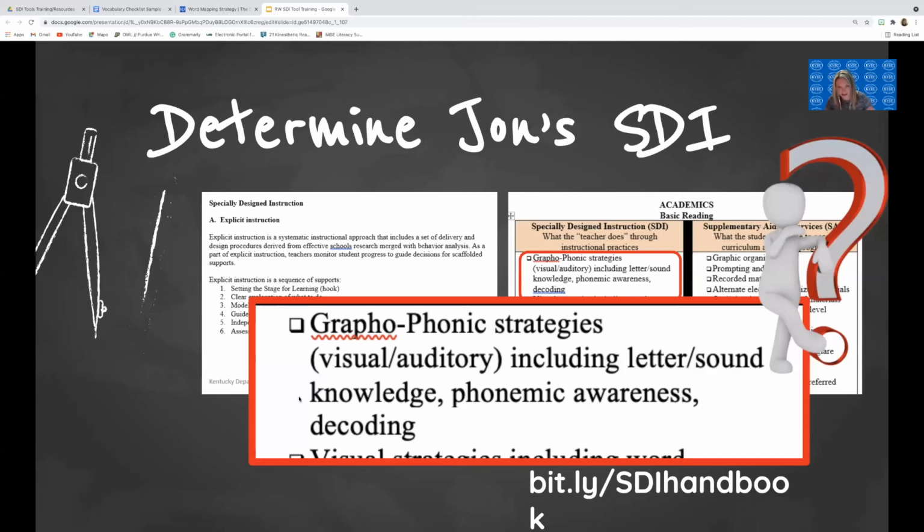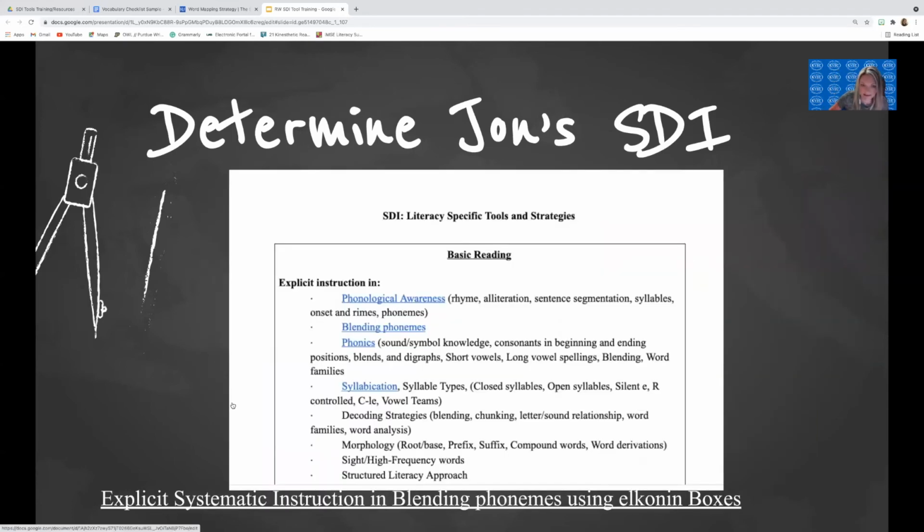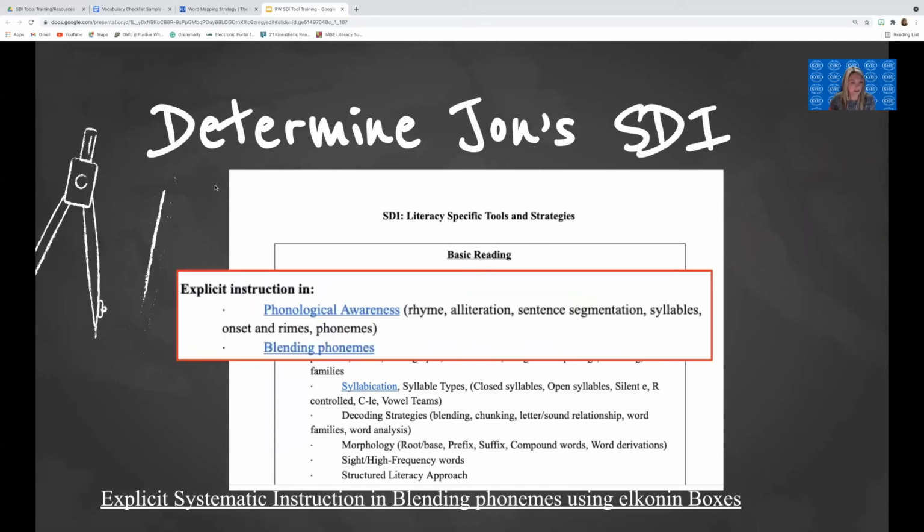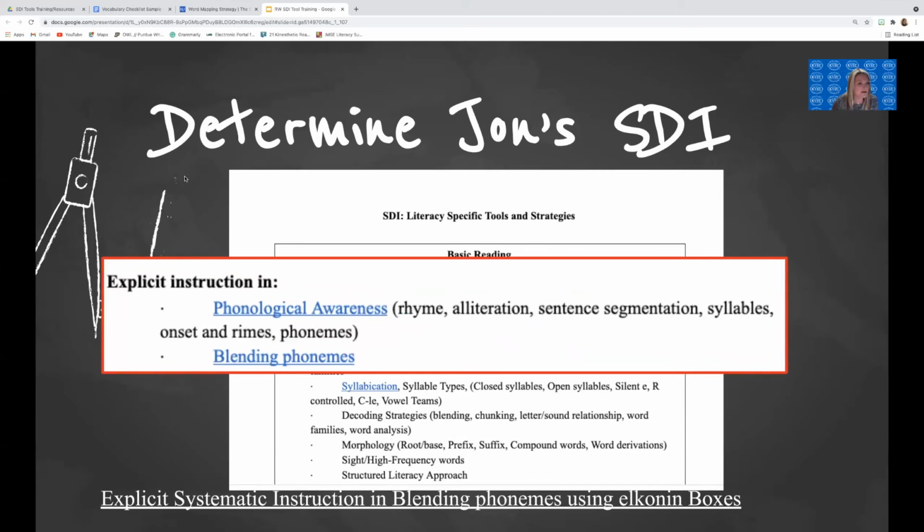Then you're going to write this instead. This is another tool document that you have. These are just specific literacy tools and strategies that you can use. It's in your guided notes. You want to have explicit instruction in phonological awareness, and we've listed here what would fall under phonological awareness, and blending phonemes.